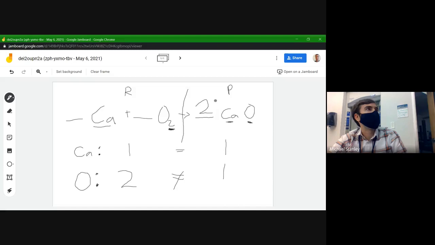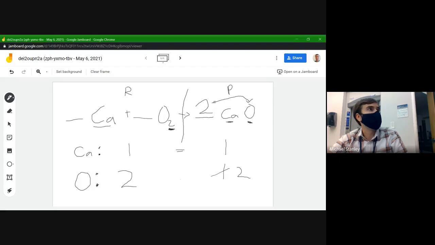So now we don't have 1 CaO, we have 2 CaOs. So this 2 is going to apply to this oxygen right here. And so now we have not 1, but, let's cross that out, 2 O's on the product side. So that's good. That accomplished what we were trying to do. That balanced out our oxygens.